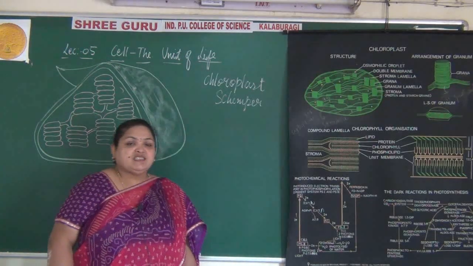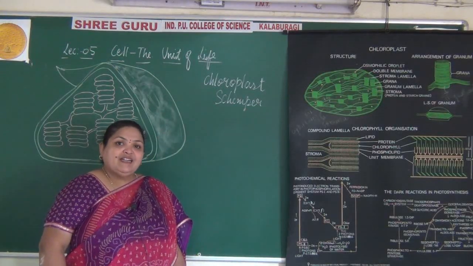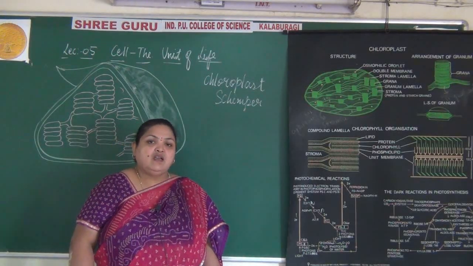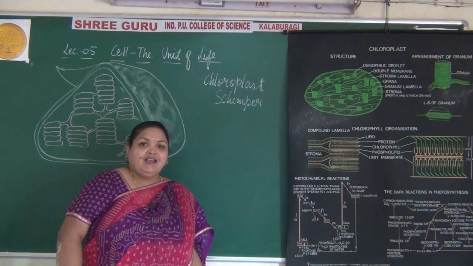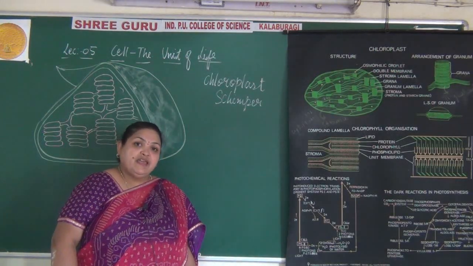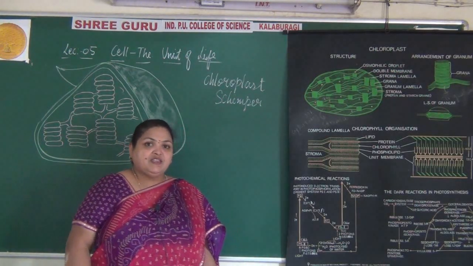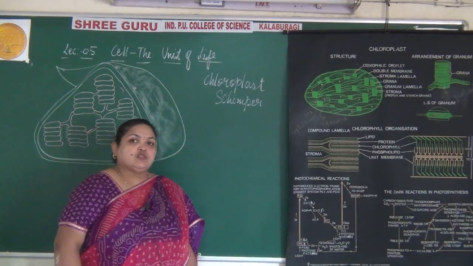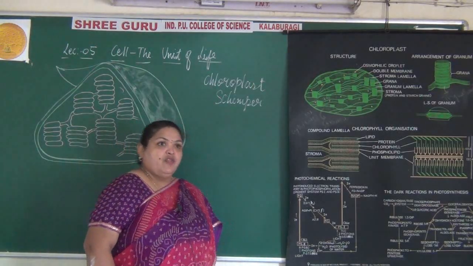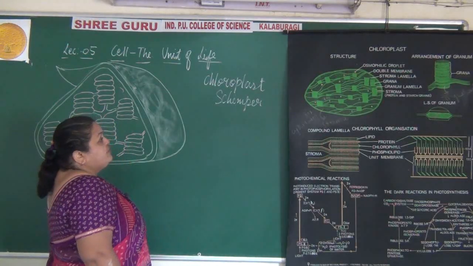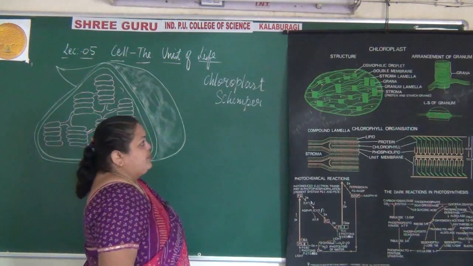The cells of the leaves contain the structure called the chloroplast, the green color component which traps the solar energy and helps in the formation of food. So, we will go with the structure of a chloroplast.